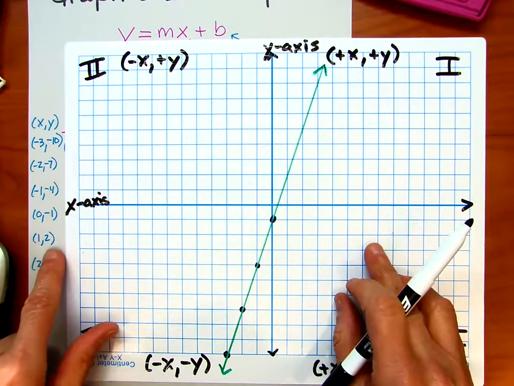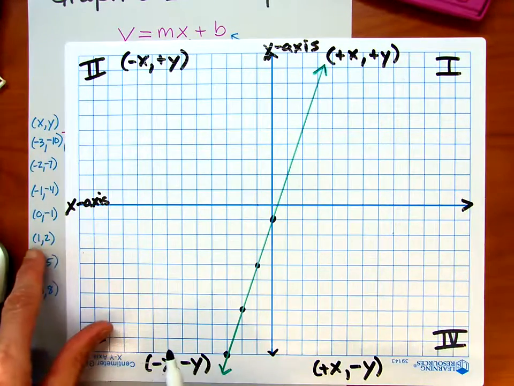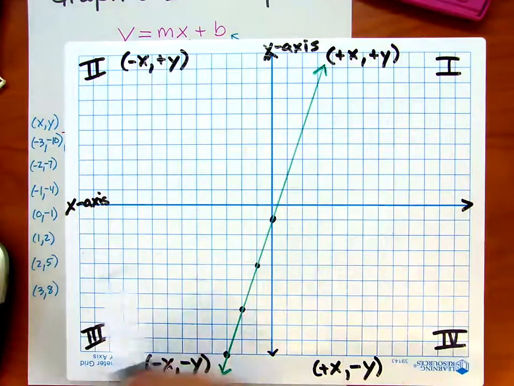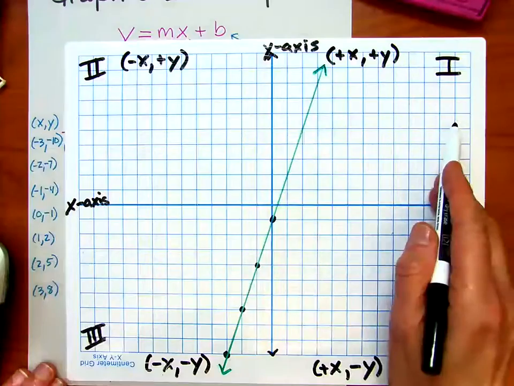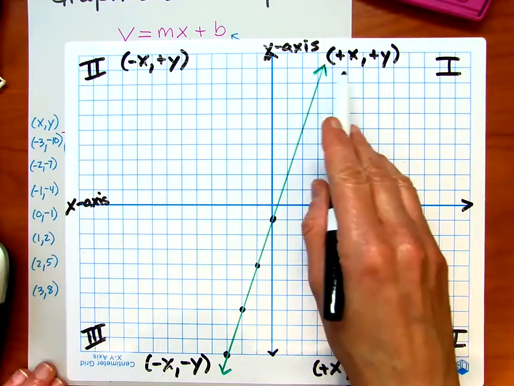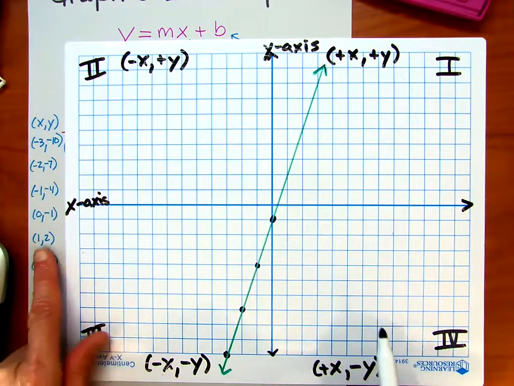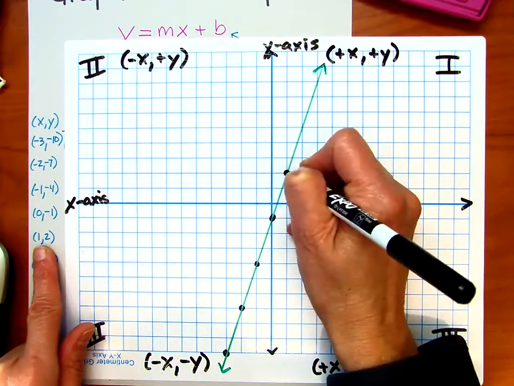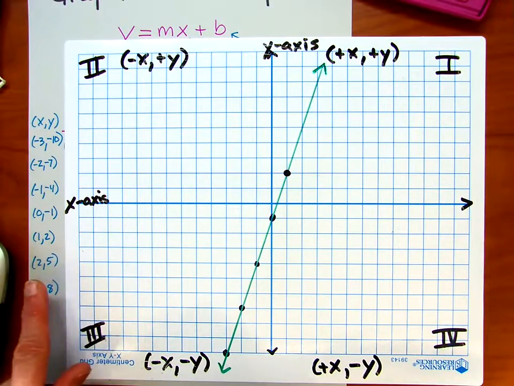So now we're going into the positive. We've got a positive x and a positive y, so all of these look like they're going to be in quadrant 1 now. So here we have 1, and we're going to go up 2, and sure enough it's on that line.